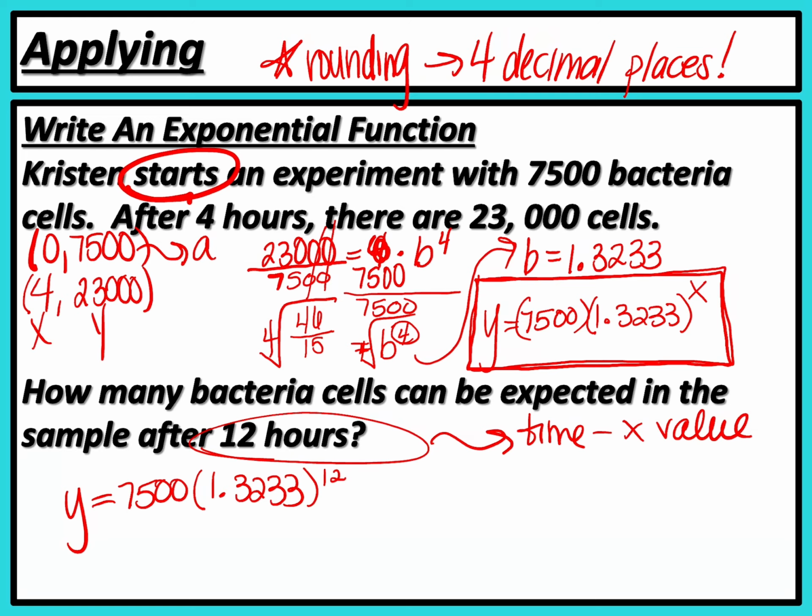It's important that we do order of operations here. So you would evaluate this exponent and then multiply by 7,500. So it's really, really important. If you plug it all into your calculator at the same time, just make sure you use parentheses.